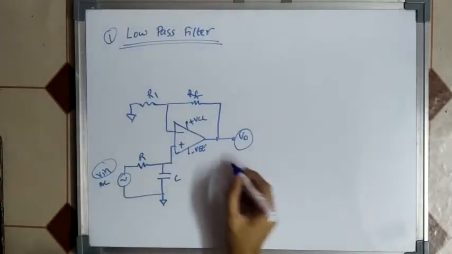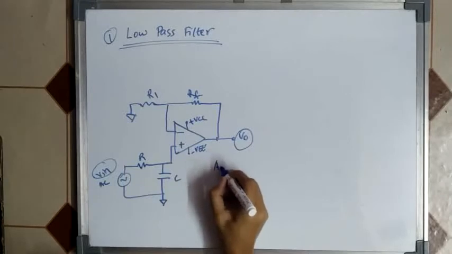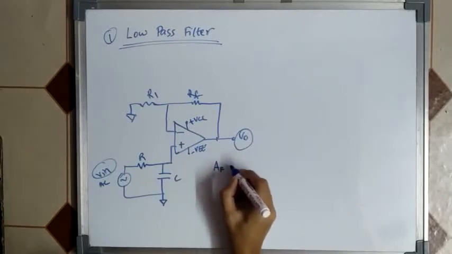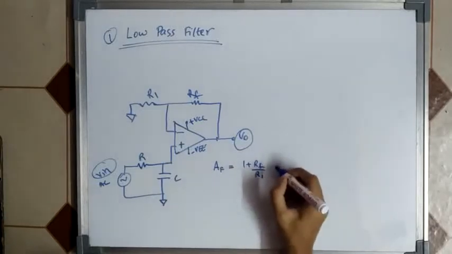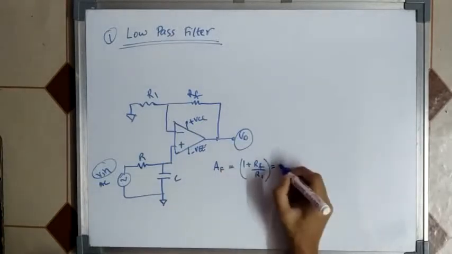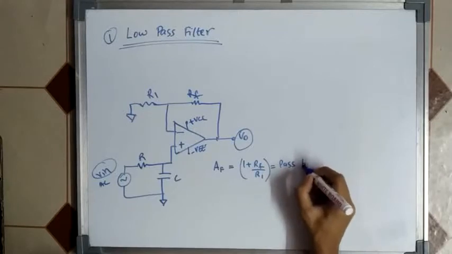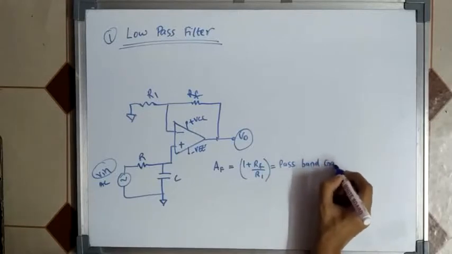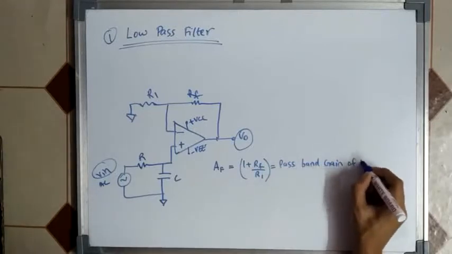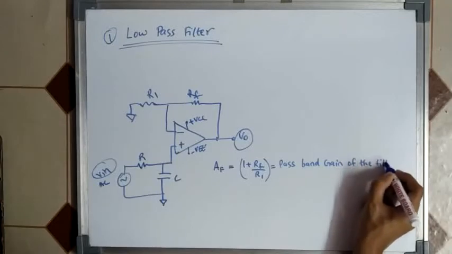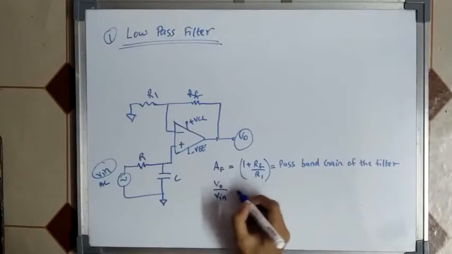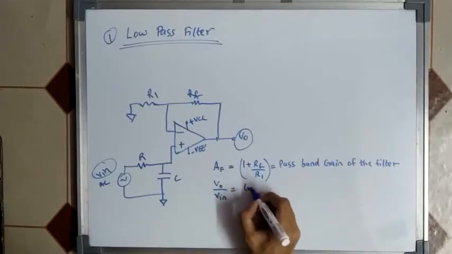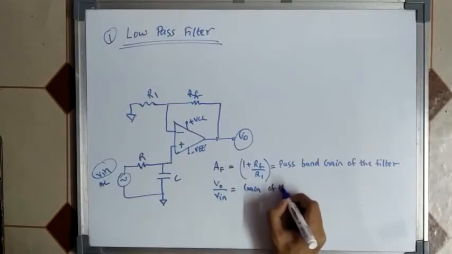Now there are important terms like AF, which is 1 plus RF upon R1, which is the pass band gain of the filter. V output upon V input is the gain of the filter.